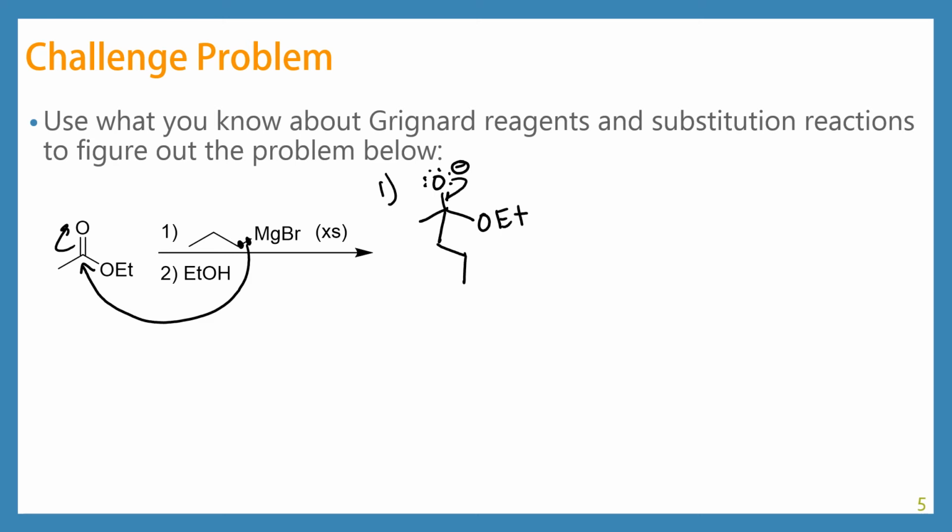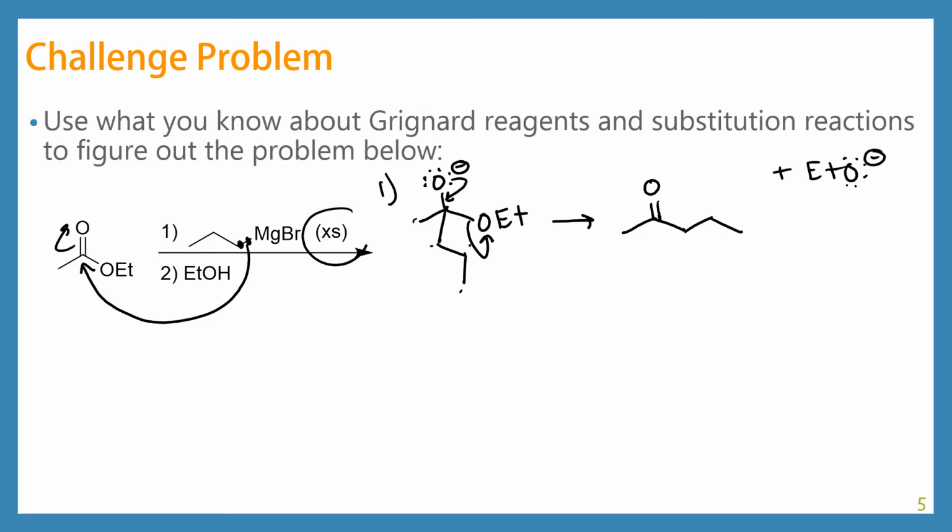We reform the carbonyl and we kick out the ethoxy group. So now we have a ketone, 1, 2, 3, 4, 5, 1, 2, 3, 4, 5, and the ethoxy group is out here in the ether, just kind of gone.